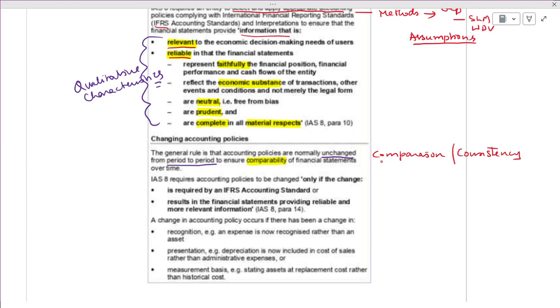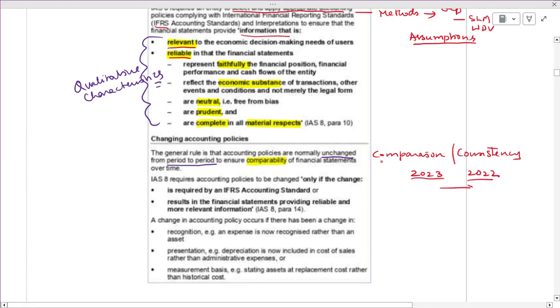The most important thing is that financial statements will always be given for 2 years. In any annual report, you see 2 years. When we are doing 2 years, we are comparing, and when comparing, there should be consistency. One year we are using one method, next year we change the method.